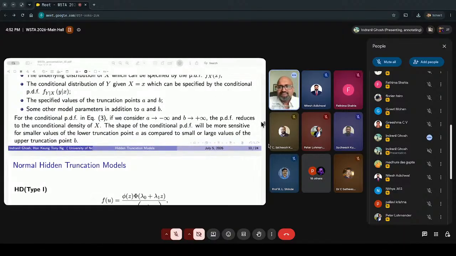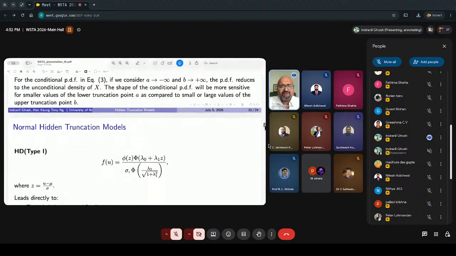Now, there is a lot of discussion on normal hidden truncation models, and there is a whole lot of literature on that. Of course, the normal distribution has all these closed form expressions. It is nice to see. Even multivariate hidden truncated normal models have appeared in literature.